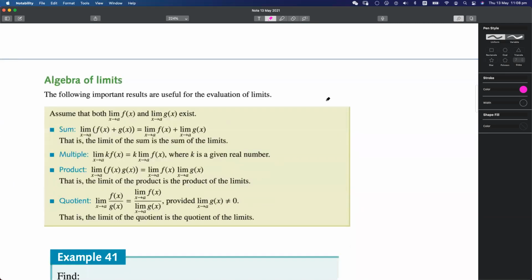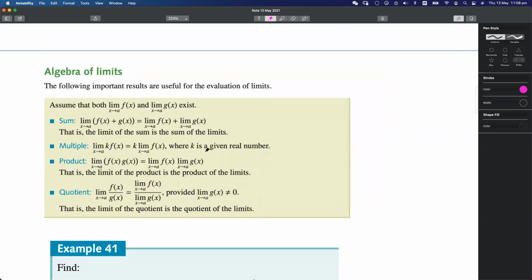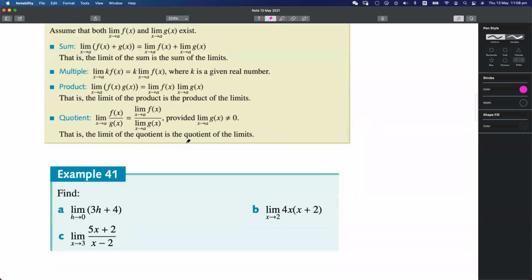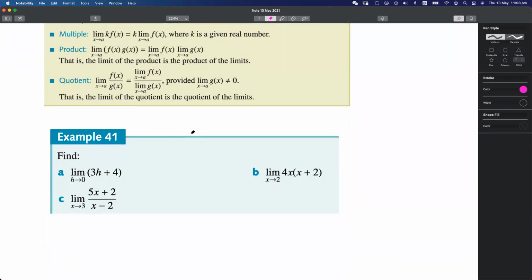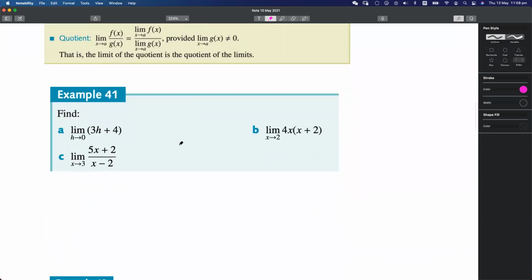Algebra of limits. In your textbook, you're going to see something like this, but believe me, you don't have to remember these. It's just too much information. You just need to remember, when you're doing the question, when you put back the value, if it's undefined, you have to simplify.